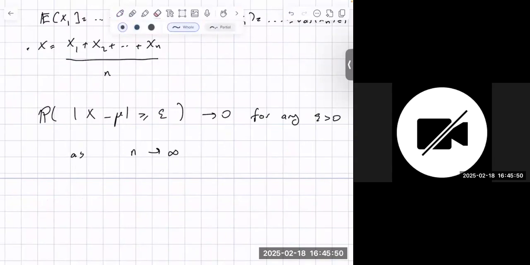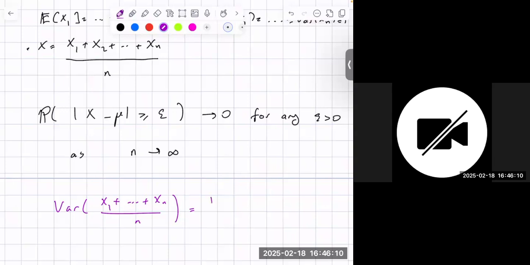Variance of (x1 plus x2 plus ... xn) divided by n. So first things first, if you're dividing a random variable by n, the variance gets divided by n squared.